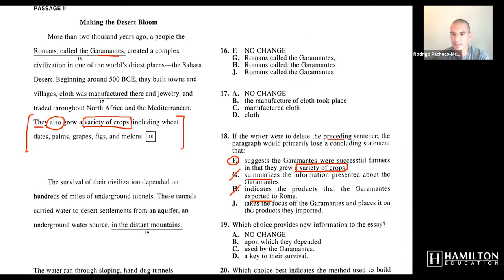And J tells us that this sentence takes the focus off the Garamantes and places it on the products they imported. Well, this here is incorrect, since we're told that they grew these different crops. They did not import them. And the focus is still on the Garamantes, as we see here, the Garamantes, this is the subject of this sentence. So we can also eliminate J.